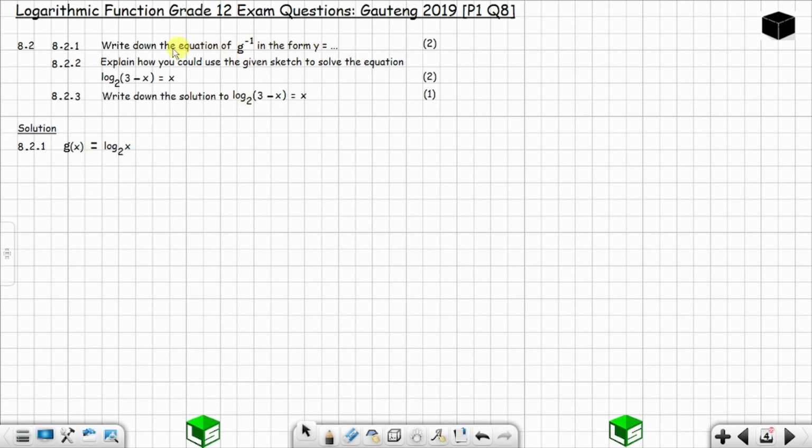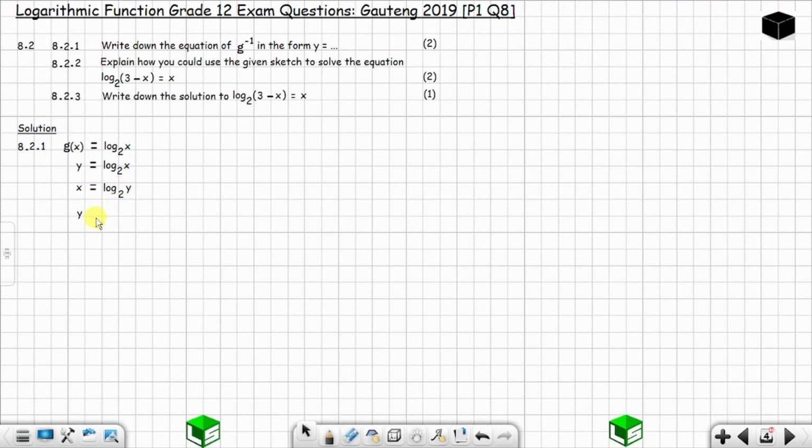Before you can get the inverse equation, you want to have g of x as y, right? So you change this to y, and then you are going to switch your x and y. Wherever you have y, you are going to have x, and wherever you have x, you are going to have y. You want to make y the subject of the formula.